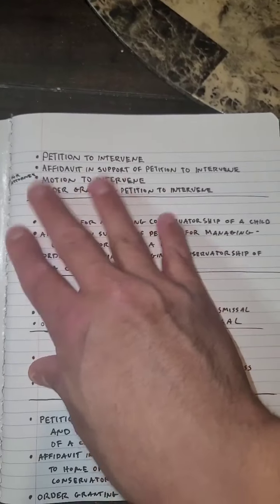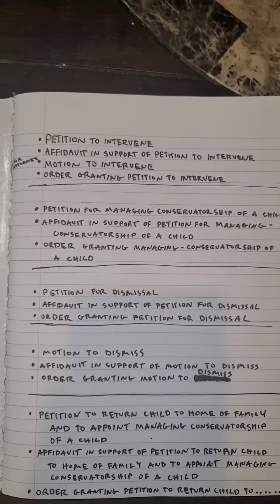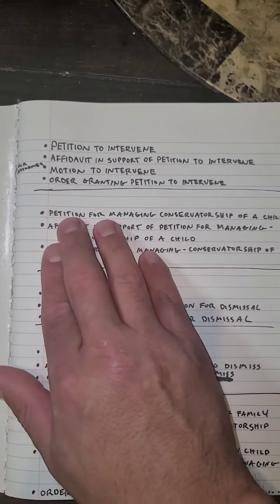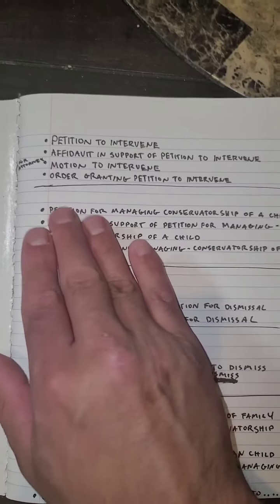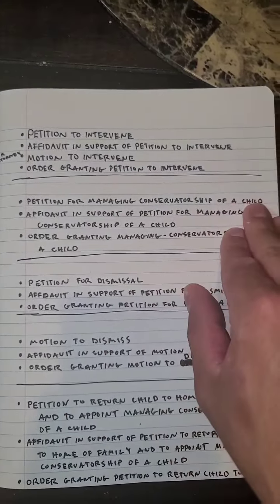Say they've already granted your petition to intervene. Now you're a party to the case, and they let you become a party to the case. Now you want to file a petition for managing conservatorship of a child, right?